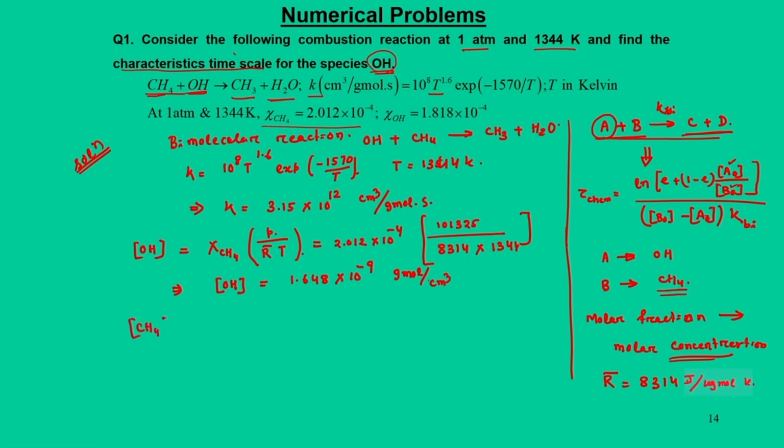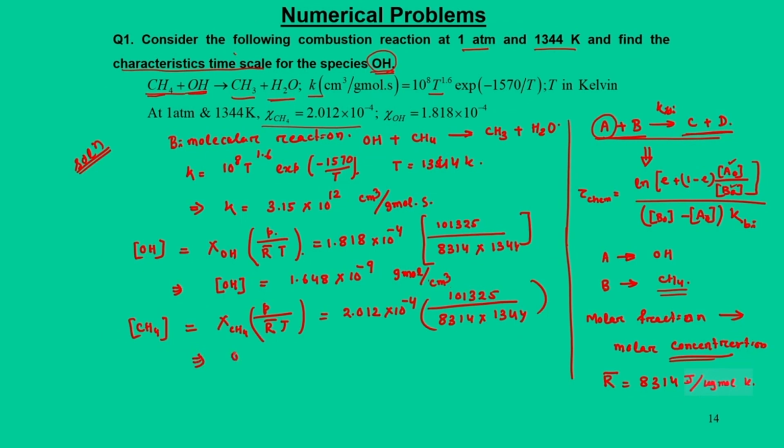Again we require the concentration of CH4. The CH4 concentration can be written in a similar fashion: X CH4 into P by R bar T, and this X CH4 is 2.012 into 10 to the power minus 4, P is 101325 divided by 8314 into 1344.